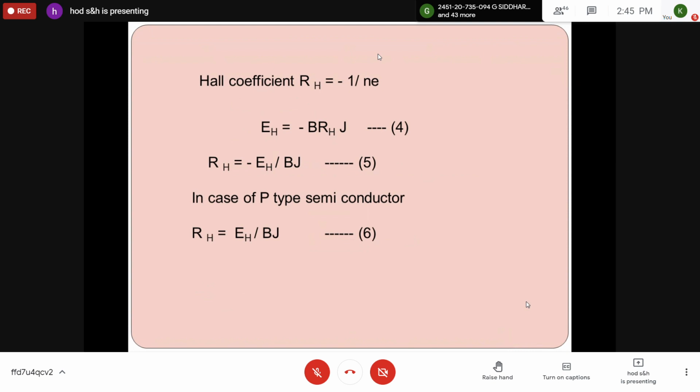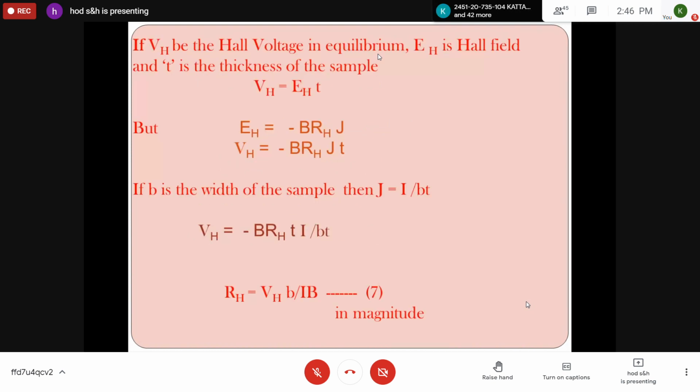Now this one. Shall I proceed? Yes, sir. Take this one. Here small t in the numerator and denominator gets cancelled. That should be kept in mind.